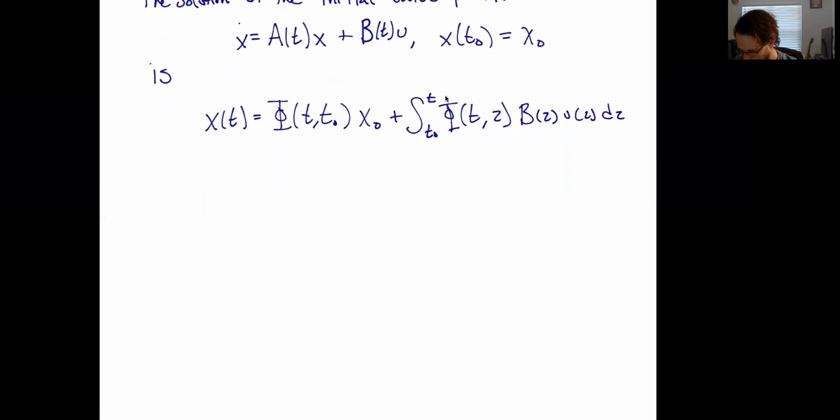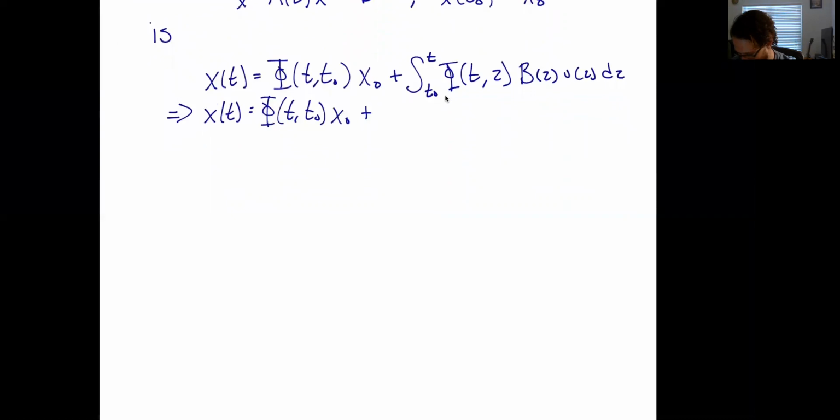Okay, so this implies that x of t is equal to phi of t, t naught x naught plus the integral of phi of t, tau b of tau u of tau d tau. What we can do here is recall from our properties that phi of t, tau can be broken up into phi of t, t naught and phi of t naught, tau.